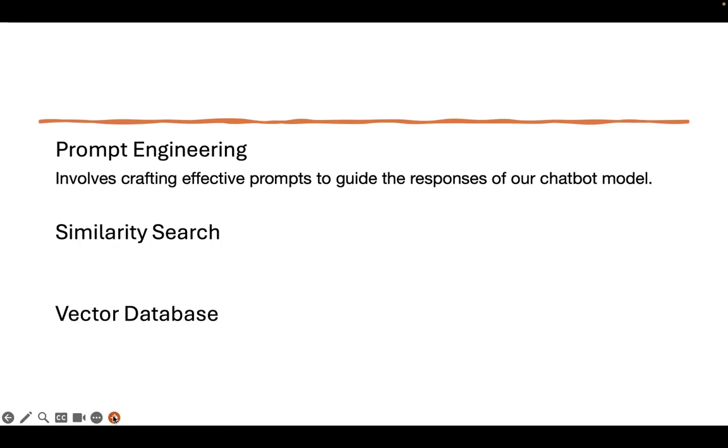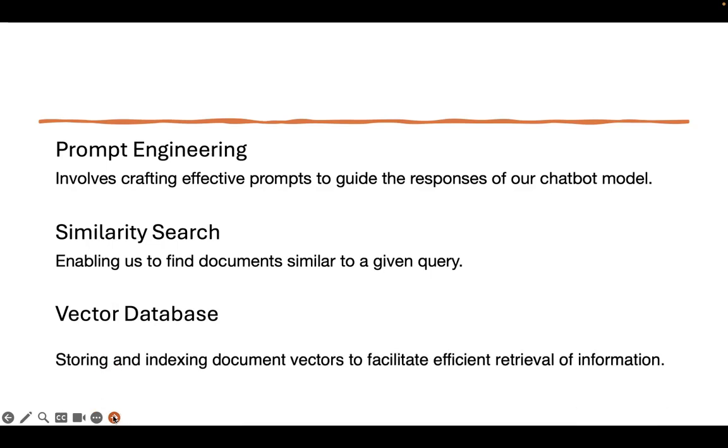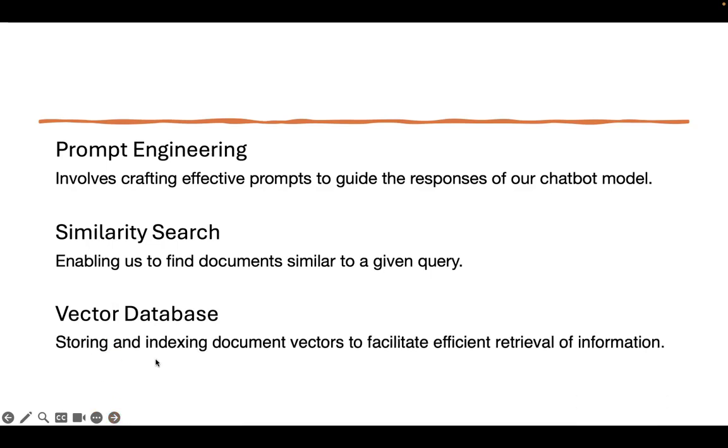It involves crafting effective prompts to guide the responses of a chatbot model. What is similarity search? Enabling us to find documents similar to a given query. What is a vector database? It's used for storing and indexing document vectors to facilitate efficient retrieval of information. Don't you worry, these concepts will make much more sense as we move on to the implementation.